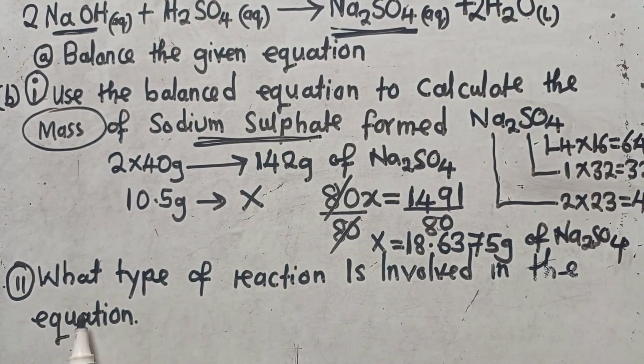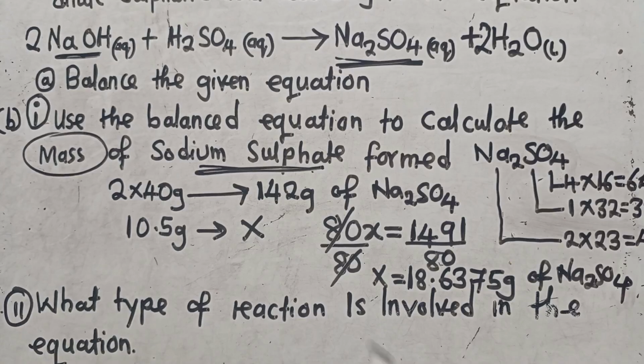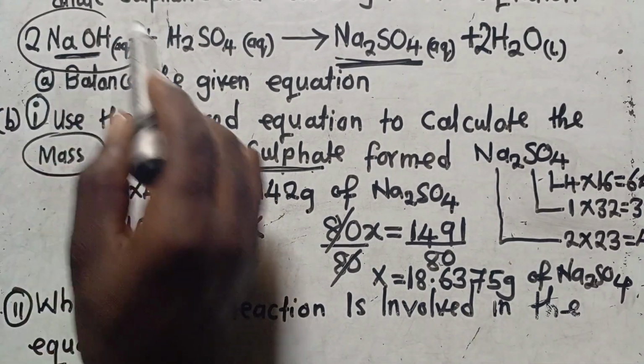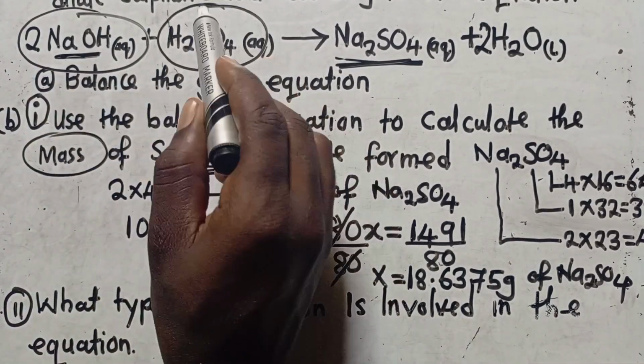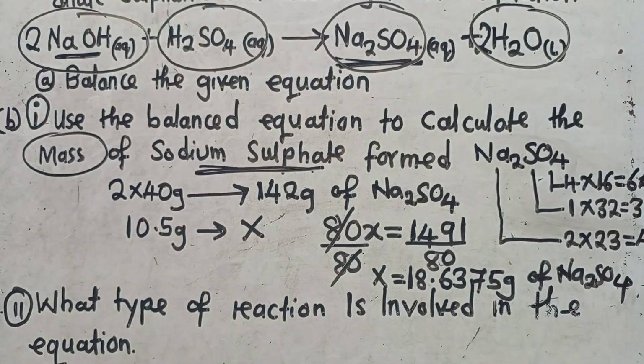The last question is saying, what type of reaction is involved in the equation? For you to answer this particular question, you look at the equation that is there. This is a base reacting with an acid to form a salt plus water.